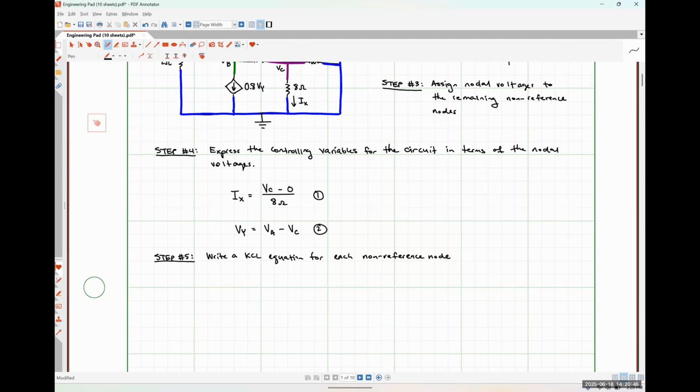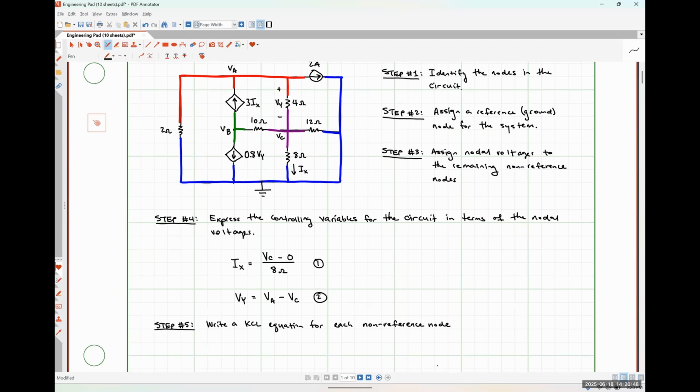Okay. So for us, that means we're going to write a KCL equation at the red node, or node A, a KCL equation at the green node, or node B, and lastly, a KCL equation at the purple node, or node C.